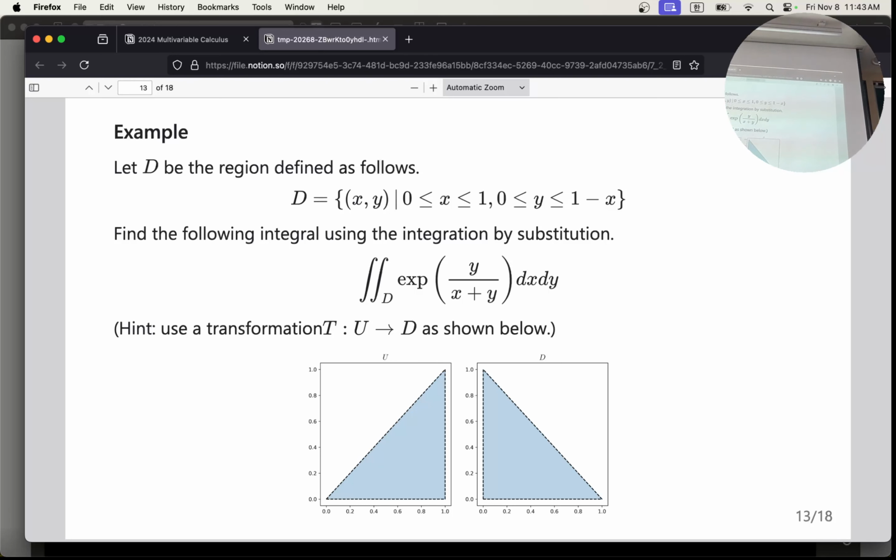So look at the integration first. I want to take the integration over the xy region. So now you have to free your mind that it's not always xy to uv. You can change your direction of transformation.